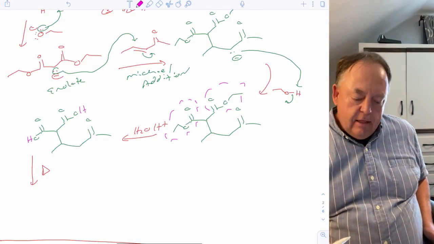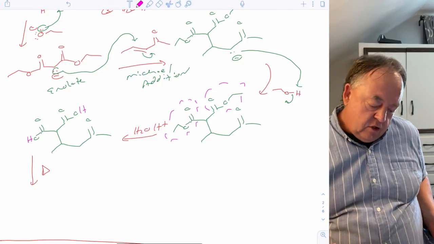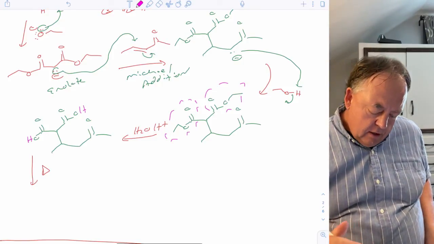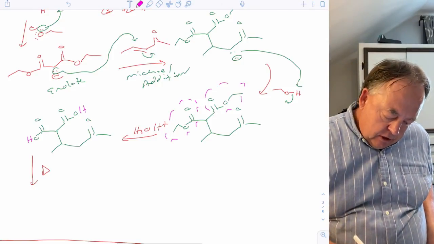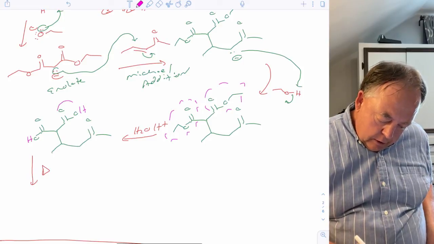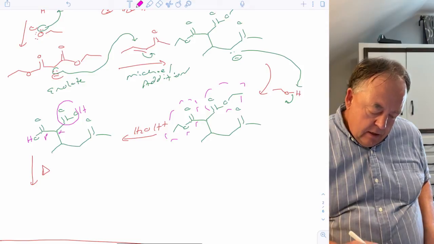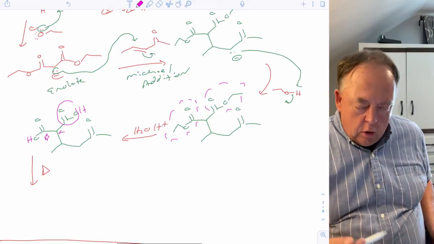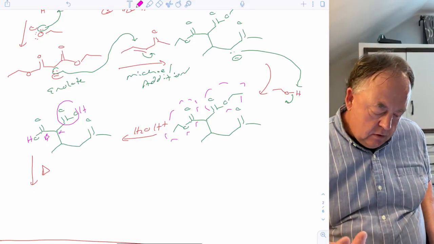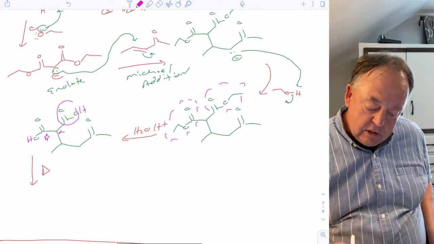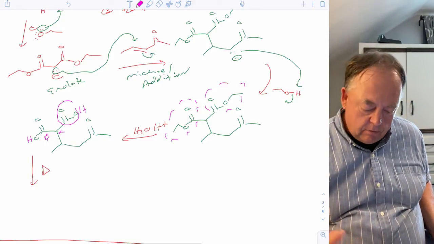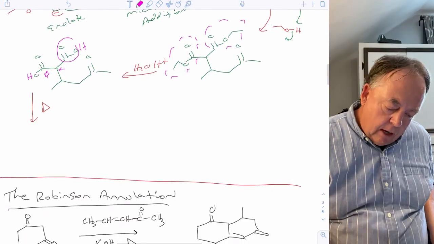And now if you heated that up, so you don't have to heat it, you could conceivably try to stop at that point. But if you did heat this up, then that can lose CO2. But it can only lose one of them, right? Because once you lose one, the other carboxylic acid would no longer be next to a C double bond O, so it could not decarboxylate. So you could just decarboxylate one of these.